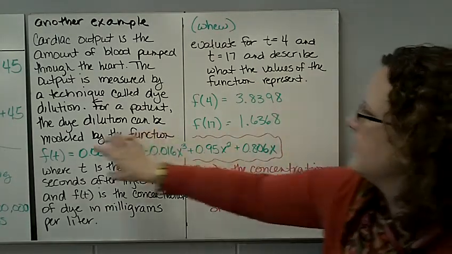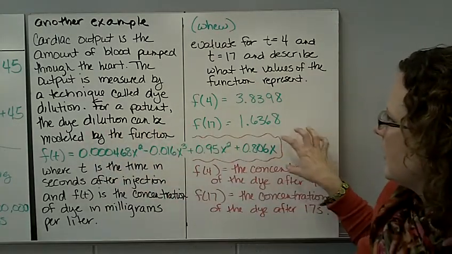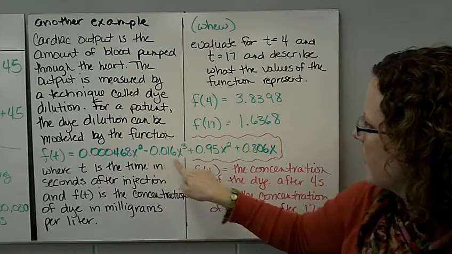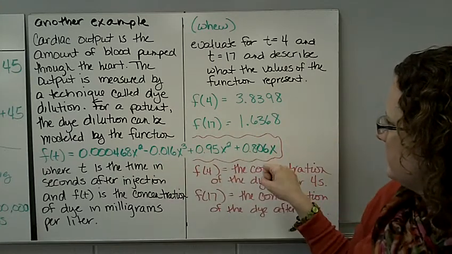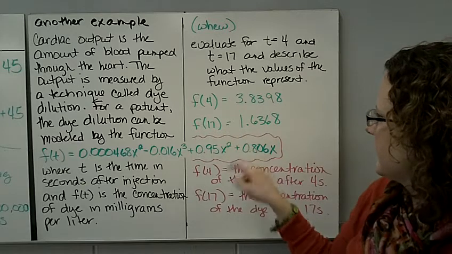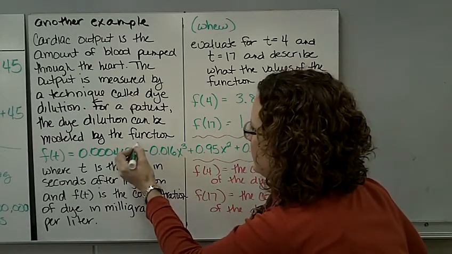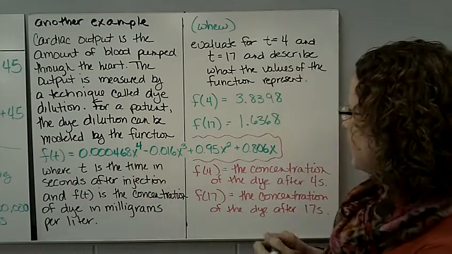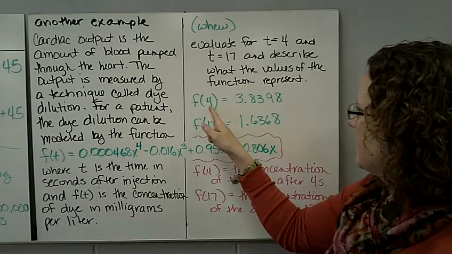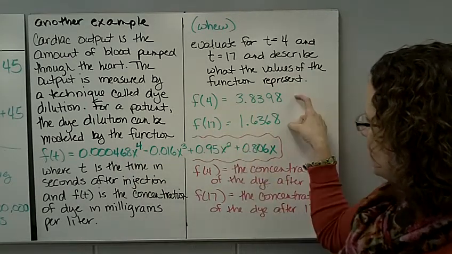I didn't show the work here because the equation was really long, but I plugged in 4 for x, and then I plugged in 17 for x, and I see a typo here. I apologize. You can verify that on your own, but I plug in 4 for x and 17 for x, and those are the values I get.